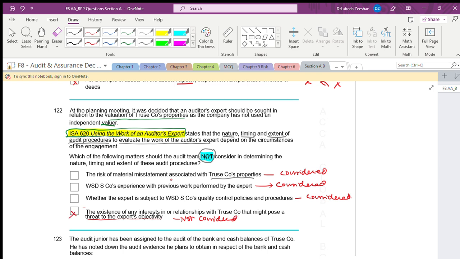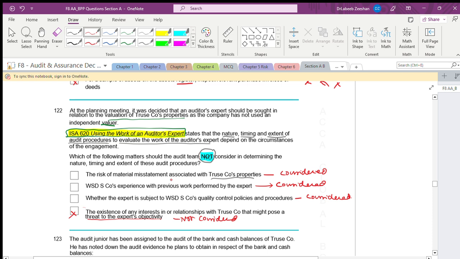See, you are talking about the expert. When will we hire an expert? We hire an expert when we think that there is a material misstatement.